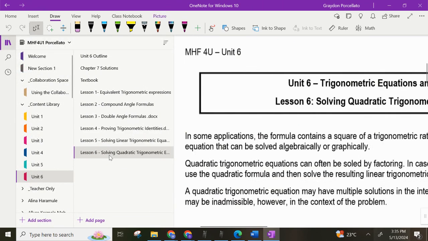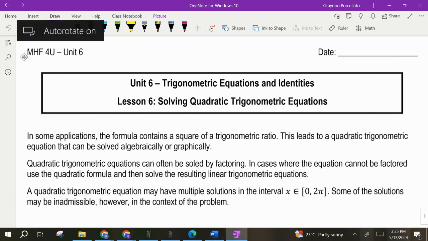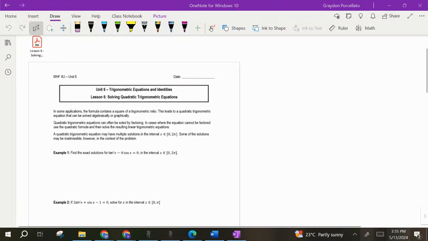Solving quadratic trig equations is very similar to solving linear, except it's quadratic, which means our things are squared. If we think of solving a linear equation, we're solving something like x plus 2 equals 5.